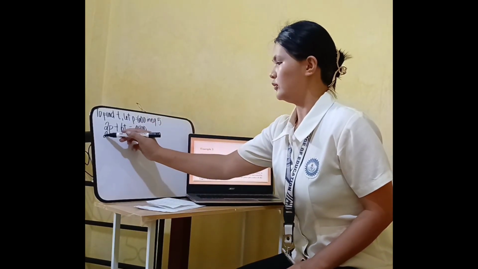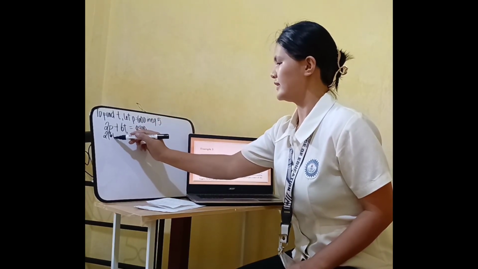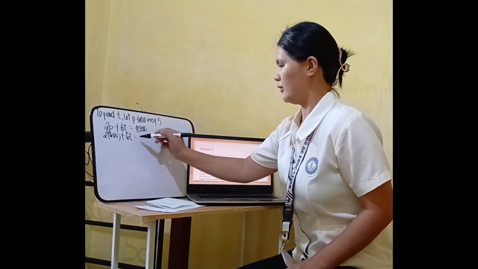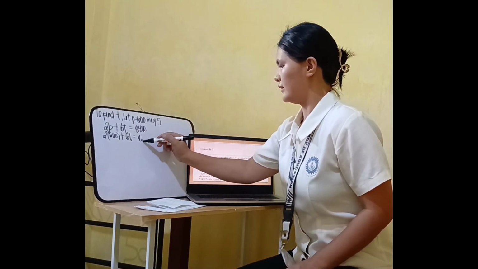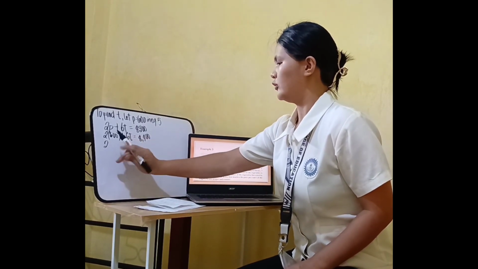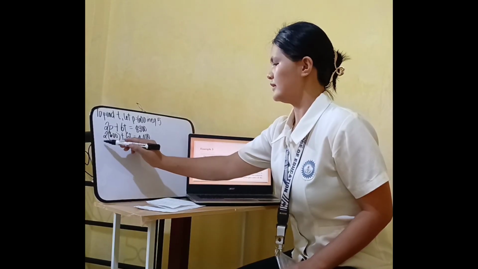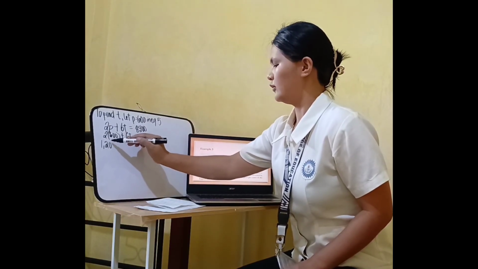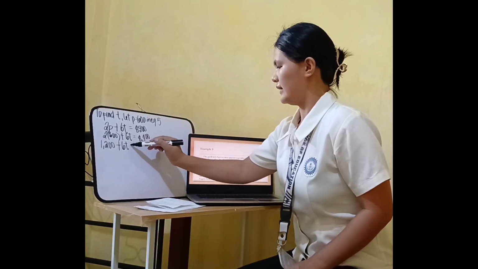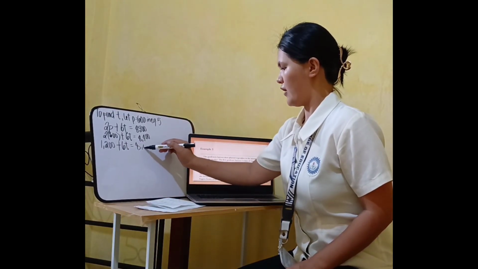So copy the 2 and substitute the value of P, which is 600, plus 6T is equal to 8,400. So 2 times 600 is 1,200 plus 6T is equal to 8,400.